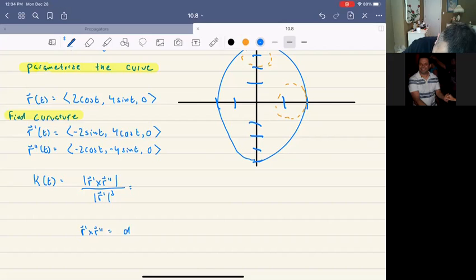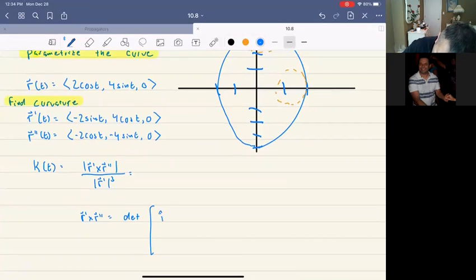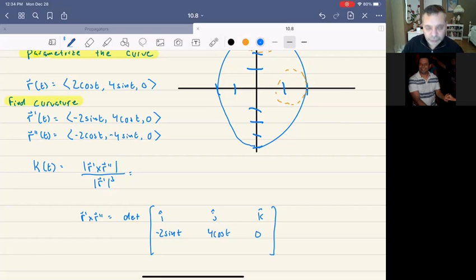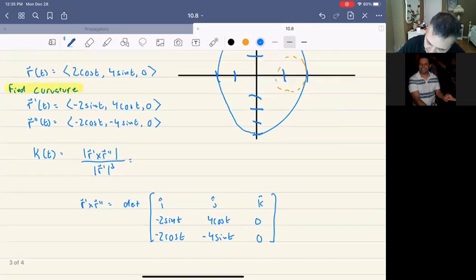Okay, so r prime cross r double prime is the determinant of i, j, k; negative 2 sine of t, 4 cosine t, 0; negative 2 cosine t, negative 4 sine of t, 0.